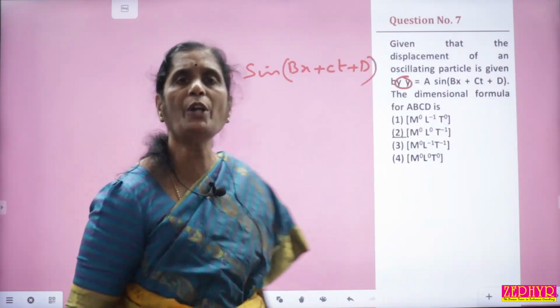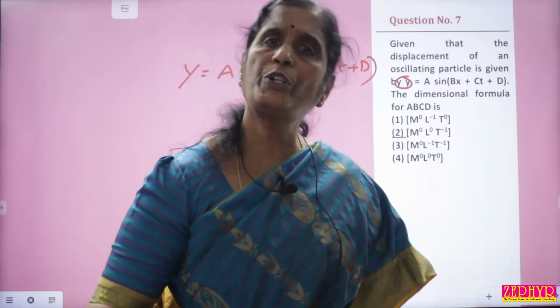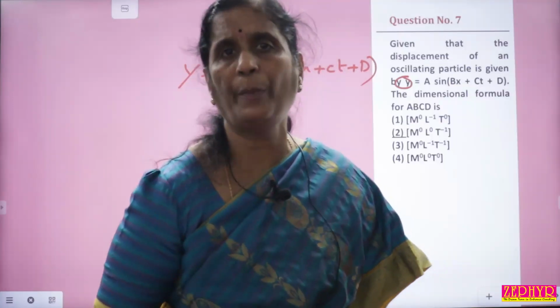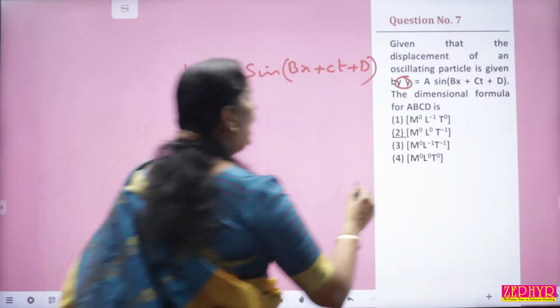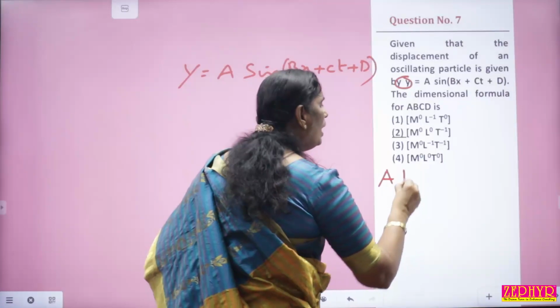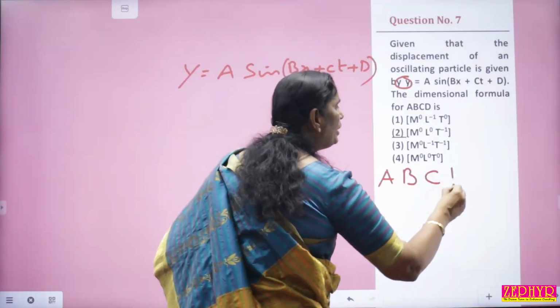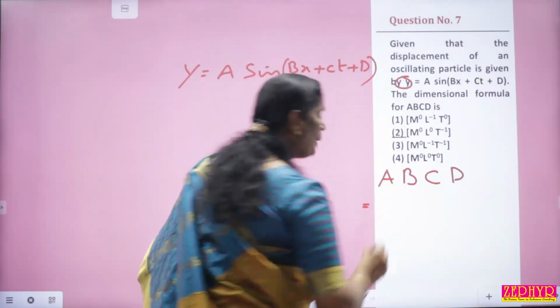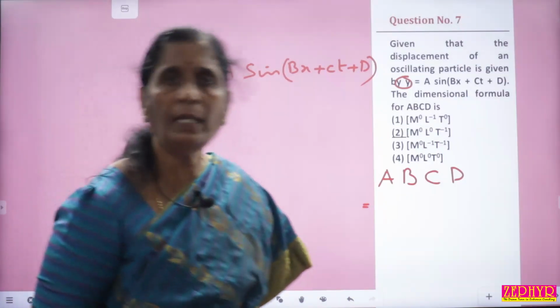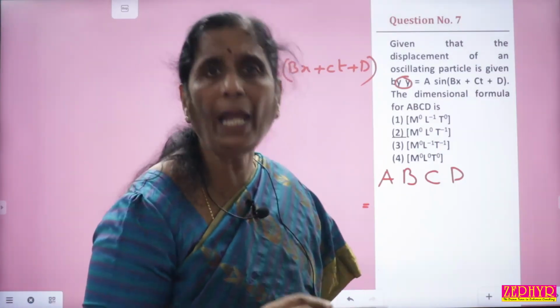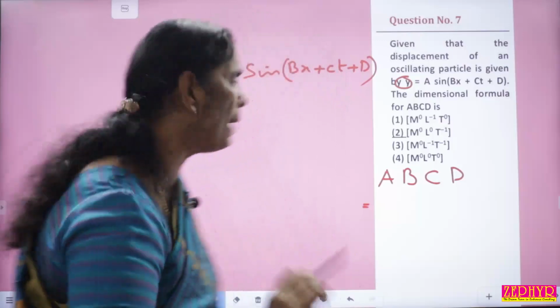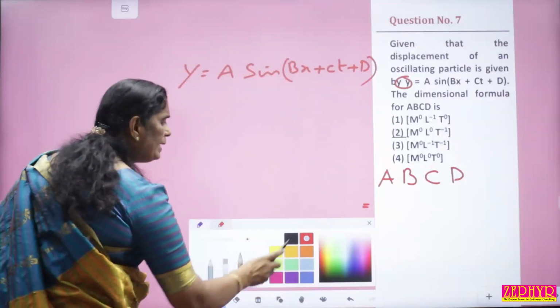This is the equation. You have to study this equation and you should know the meaning of each and every term. Then only we can do it. I want to know the dimensional formula for A into B into C into D. So for that we have to find out A, B, C, D. Okay, come on. So we'll start thinking about this equation.